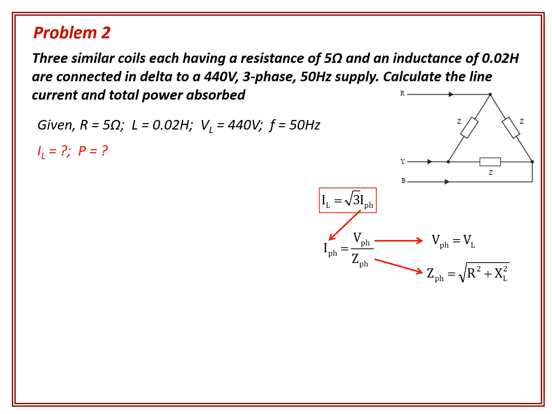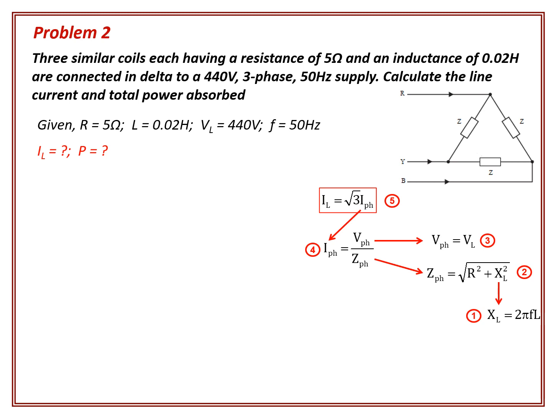VL is given in question, R is given in question, but for finding XL we have to use another equation. XL is equal to 2 pi FL. So we must find XL first, then Z phase and V phase. From Z phase and V phase, calculate I phase, and using I phase, find IL.